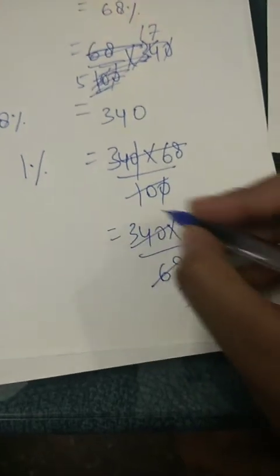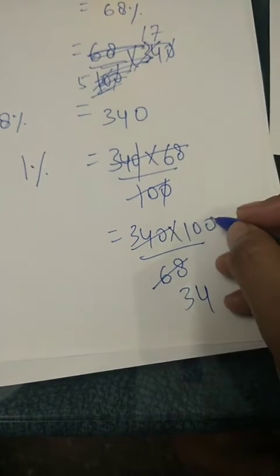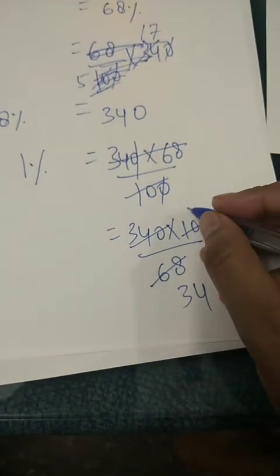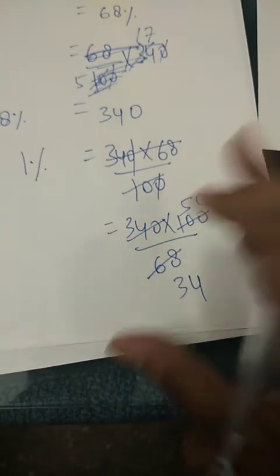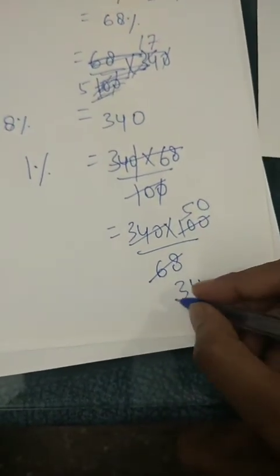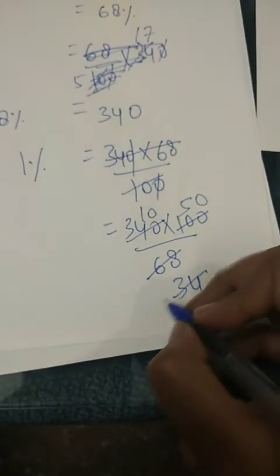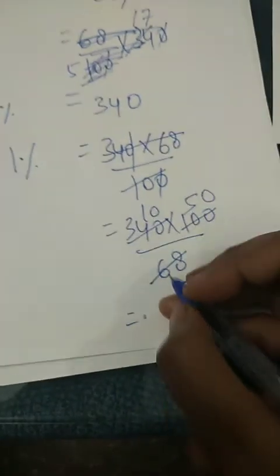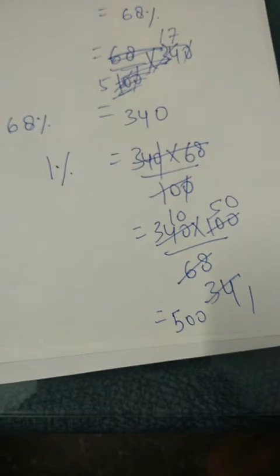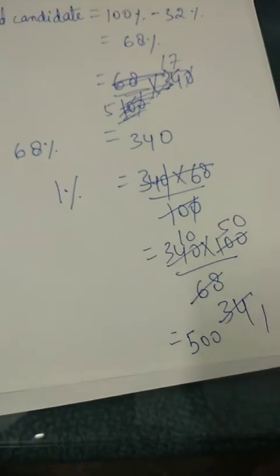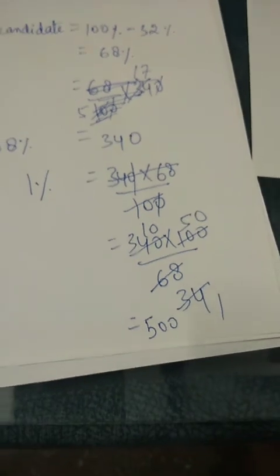Two threes and two fours are... you just cancel this one. 2 fives are 10 and 2 zeros are 0. Then you will cancel: 34 ones are 34 and 34 tens are 340. So this will be 5 total 500. So 500 candidates had appeared in the test.